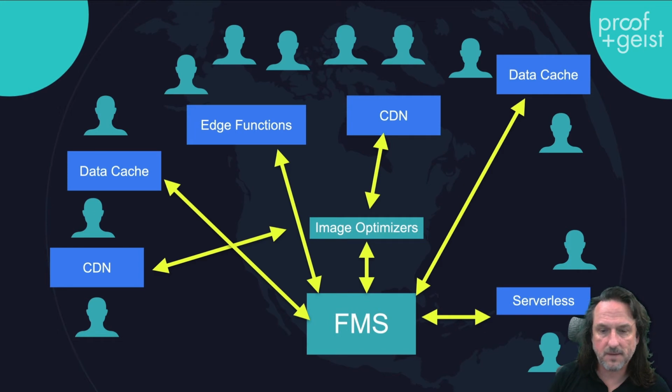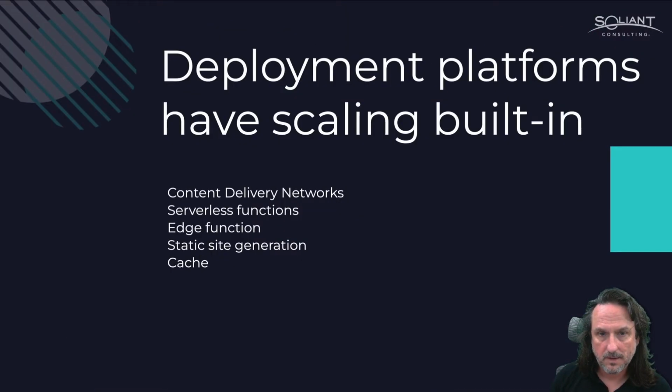And then finally, these image optimizers, which can resize and re-optimize images on the fly, are also part of that to make those images work really well in browsers and make the pages load really fast. So you don't have to worry about doing this all yourself because deployment platforms have this stuff built in. They handle it all, really.